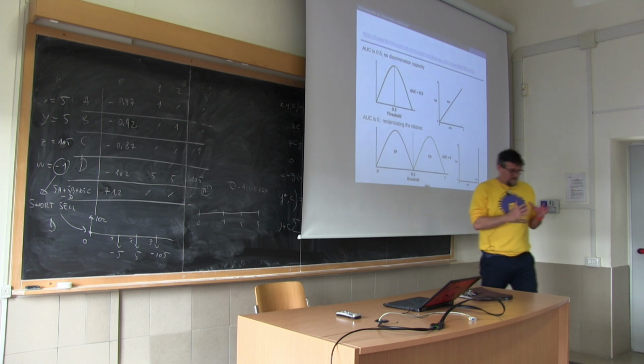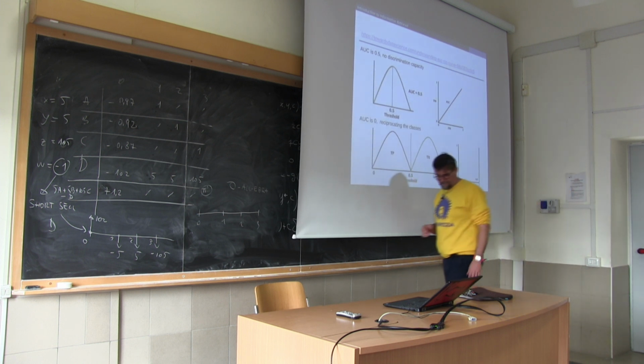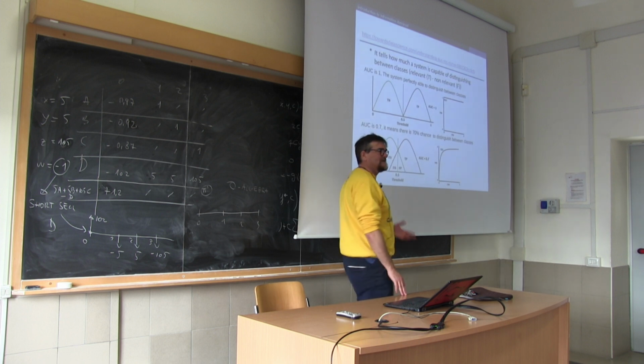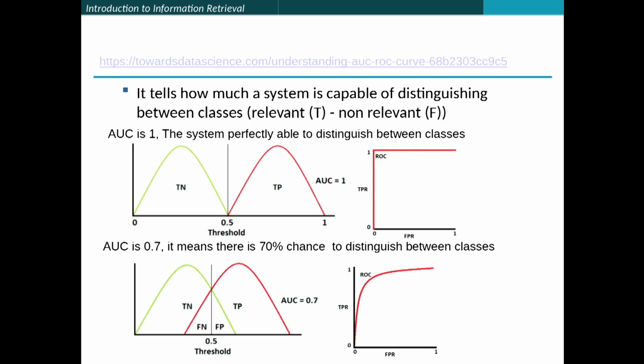So basically, by the ROC curve, you can evaluate to what extent your system is capable of distinguishing between the relevant documents and the not relevant ones. And so it's another metric to evaluate the performance of your system.